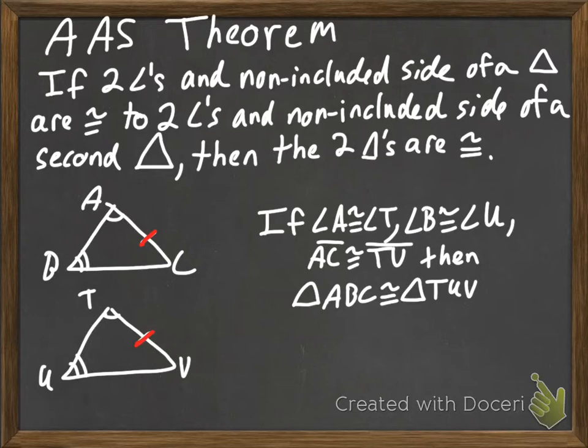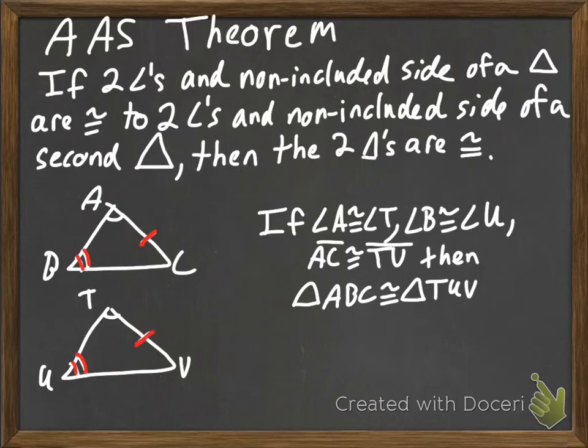We see that B and U are congruent angles and that non-included side is across from them. If the picture were to look like this, that would not work. These triangles, sorry, would not be congruent because the angles don't correspond with the proper side.